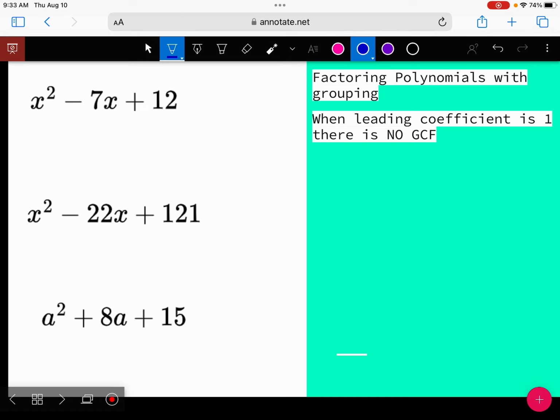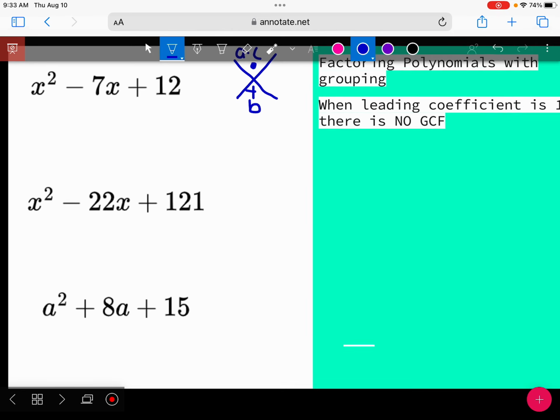Either way, we can still use that X frame that we did in Algebra 2, where we figure out how this middle term is split by taking our A times C and our B, and figuring out what multiplies to A times C and adds to B. Those are our two terms, right? Kind of familiar?